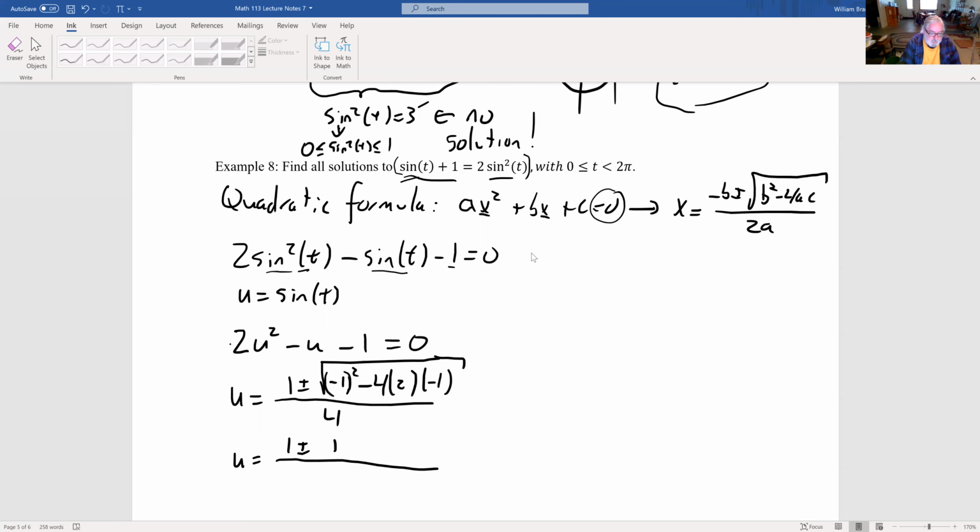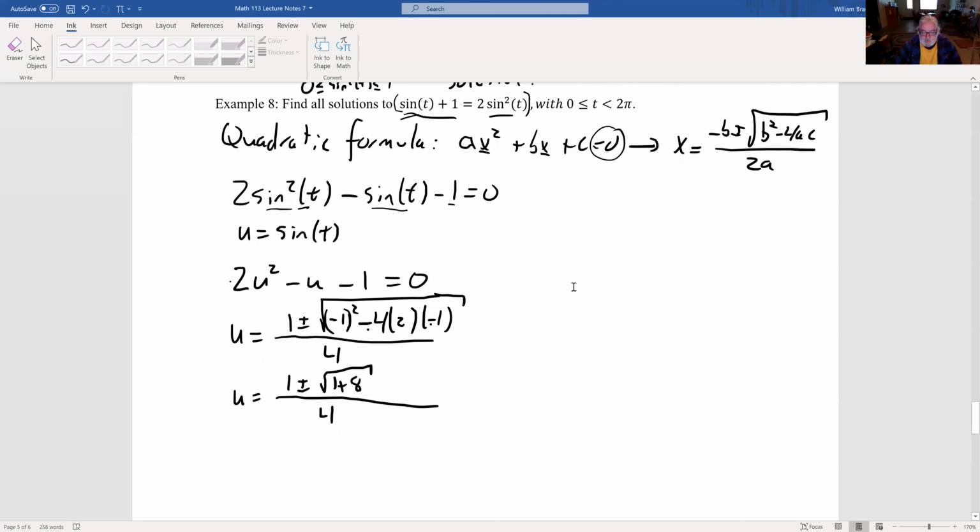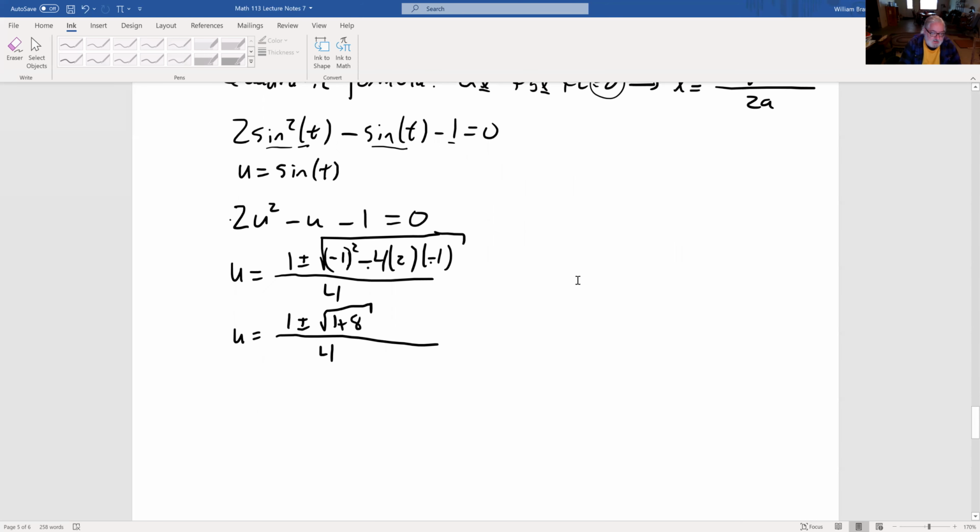We have a 1 there, minus 4 times 2 is 8, minus times minus is plus, so plus 8, all inside my square root, all over 4. U equals 1 plus or minus 3, as 1 plus 8 is 9, square root of 9 is 3. So we have two choices for u. U equals 1 plus 3 is 4 over 4, which equals 1, or u equals 1 minus 3, which is minus 2, minus 2 over 4 is minus 1/2.